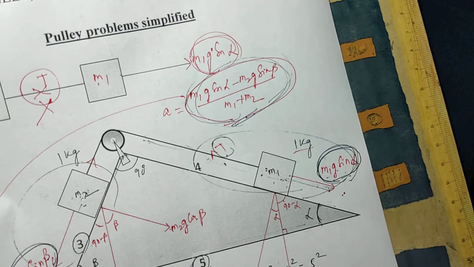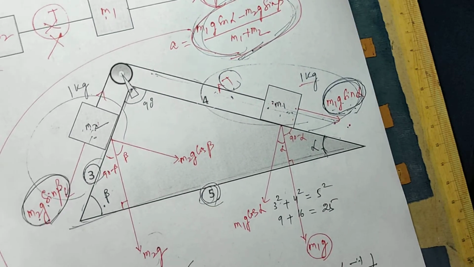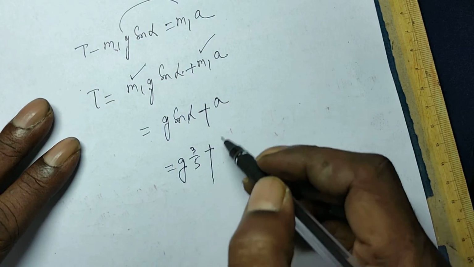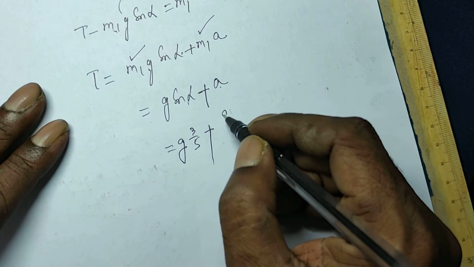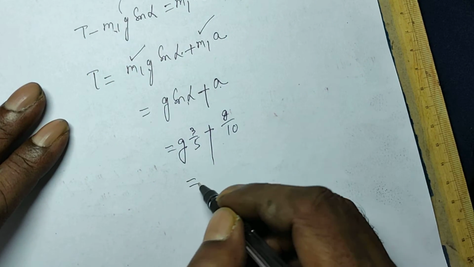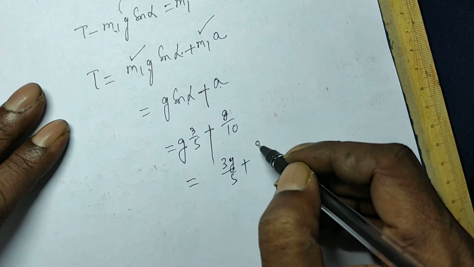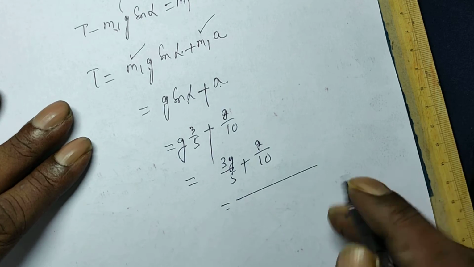Sin alpha is perpendicular over hypotenuse, that is 3 over 5, and a we just calculated as g over 10. So put the value of a as g over 10, and you get 3g over 5 plus g over 10.